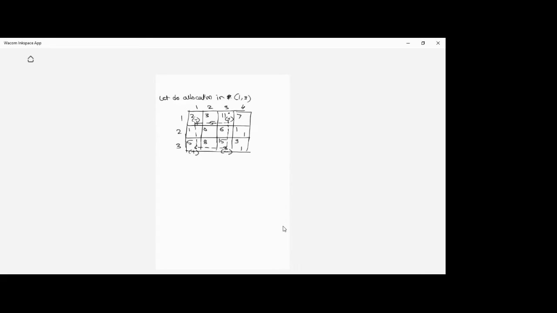To satisfy this particular constraint, here we have an allocation of 1, so in this particular cell we'll have to put 1 only. So the new solution that we are going to obtain is like this.